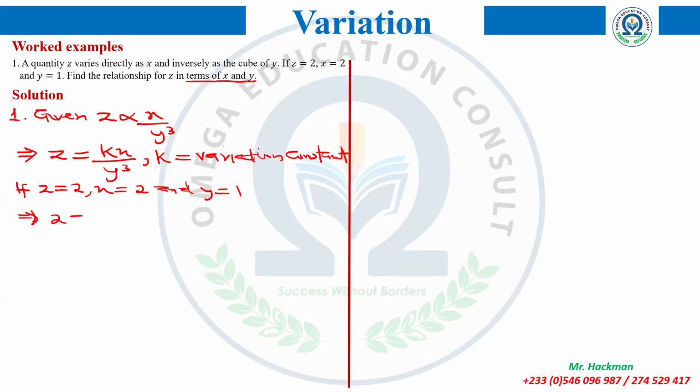So it will be 2 is equal to K times your X, and X is also 2, all over your Y, and Y is 1, cubed. So please don't forget the power, very critical. We are going to get 2 to be equal to 2K over 1 cubed, which we know is 1. Is that clear?